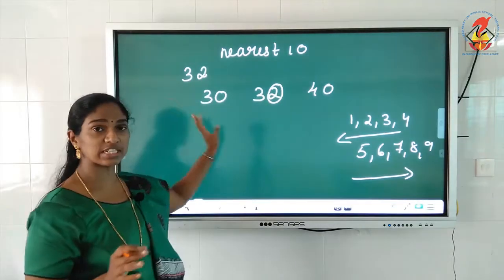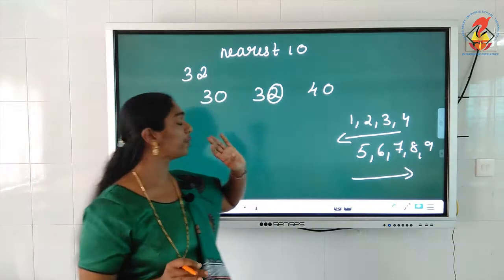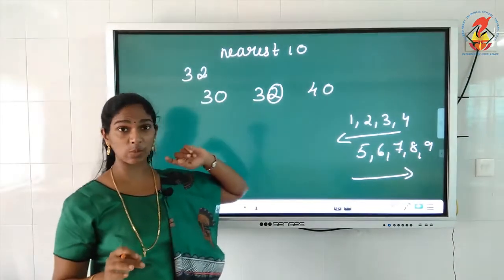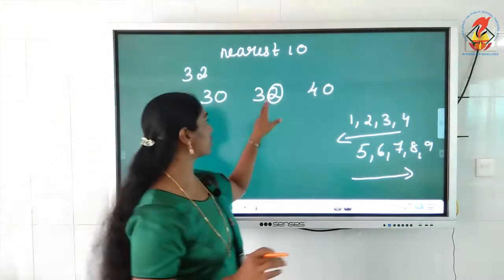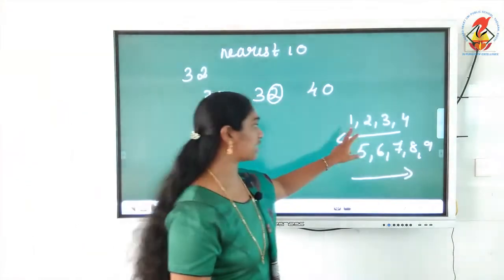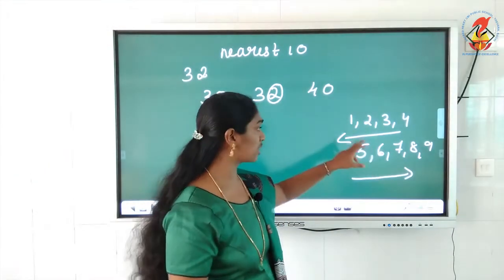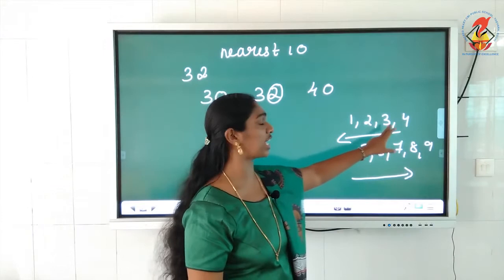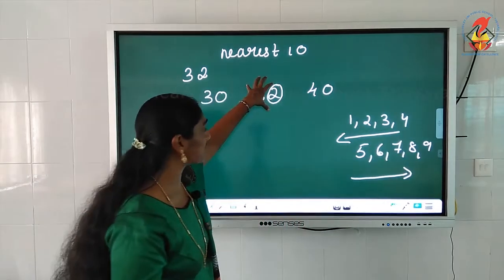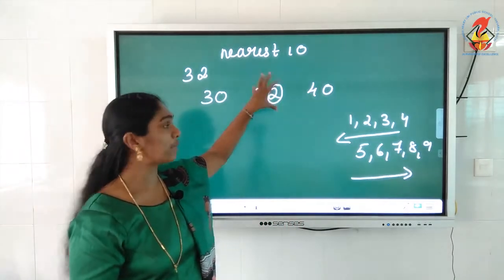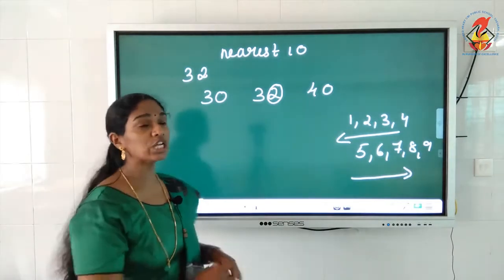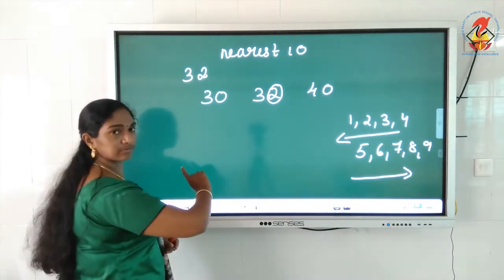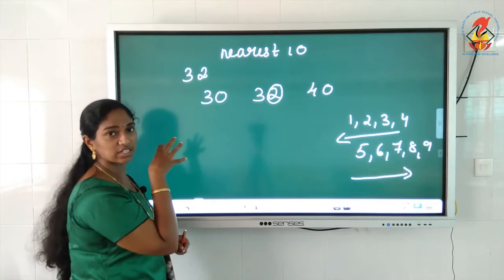Once again, first you have to decide the given number comes between which two tens. 32 is coming between 30 and 40. Then you have to take the number in the ones place. In the ones place you have 2. If you have the digits 1, 2, 3 and 4, then that number will be rounded to the first 10. Here your first 10 is 30.